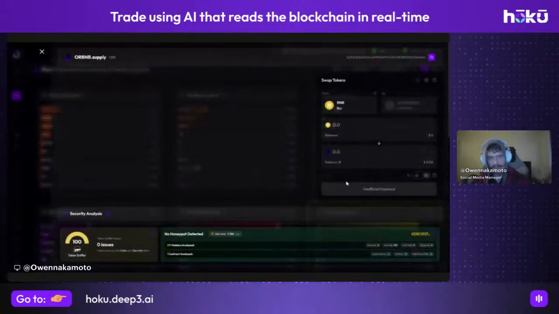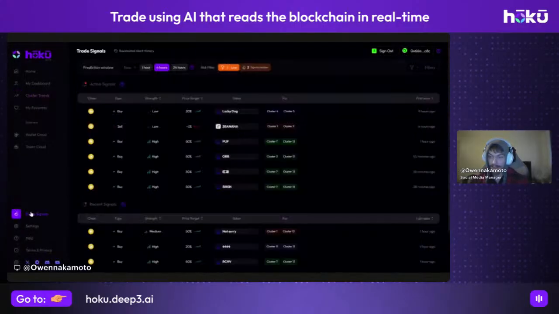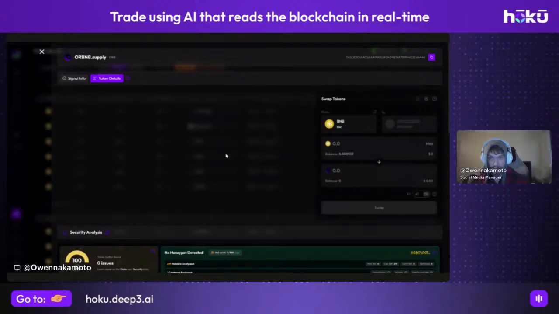Orb's another one. This one bonded on Full Moon. Went crazy. I wonder if we gave a notification for it. Yeah, we did. Look at that. When did we do it? 56 minutes ago we gave the notification.